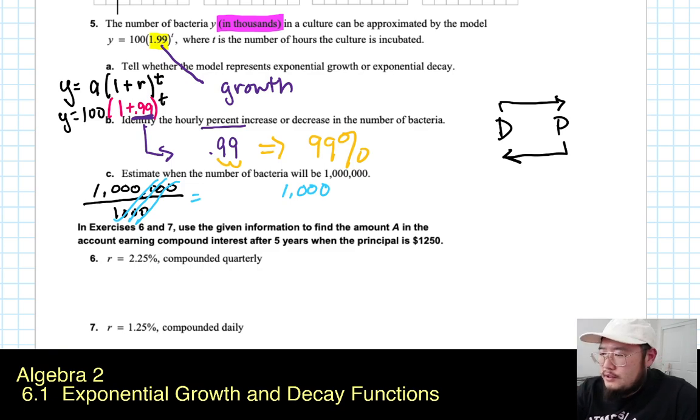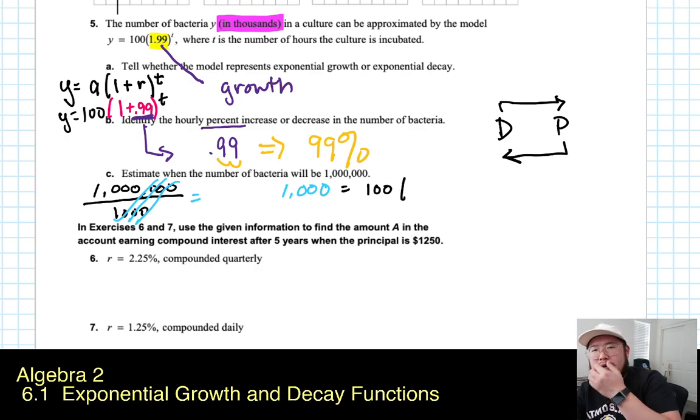So let's go ahead. This 1,000 will represent Y. And so let's take 1,000 and set that equal to 100 times 1.99 to the t power. And let's go ahead and get t by itself.